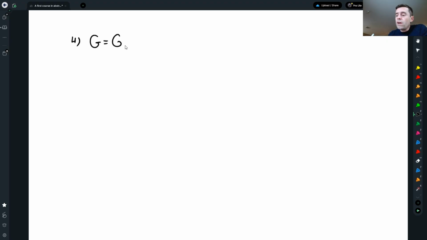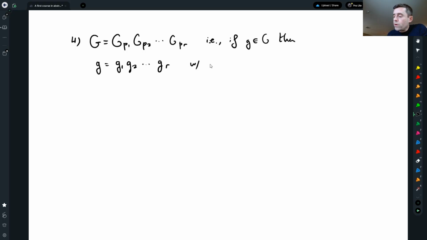We need to prove that every element of G can be written as a product of elements in the p-primary components, i.e. that if g is in G, then g can be written as g1 times g2 times gr, with each one of those in the appropriate p-primary component.